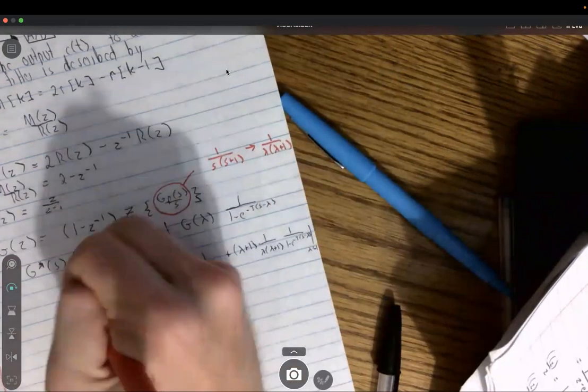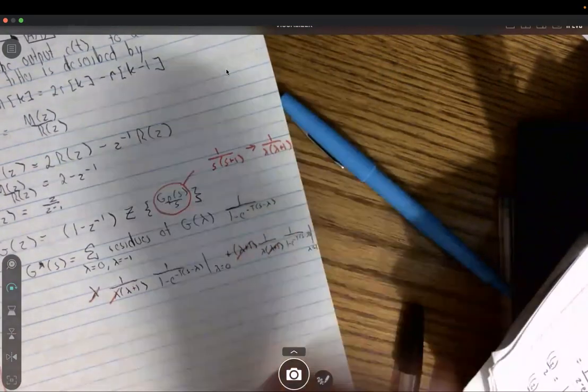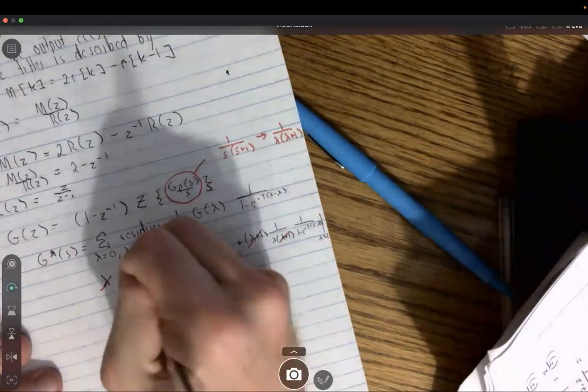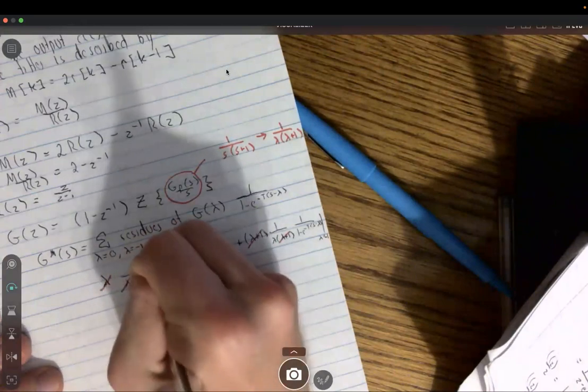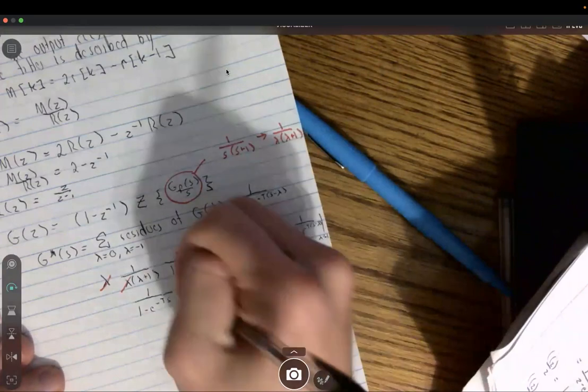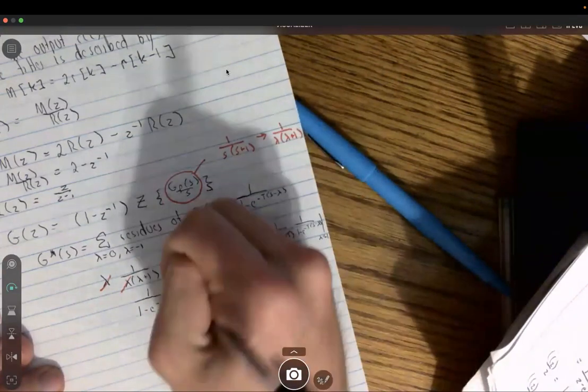The lambdas cancel, and the lambda plus 1 cancels out. Plugging in lambda equal to 0, we get 1 over 1 minus e to the negative Ts.